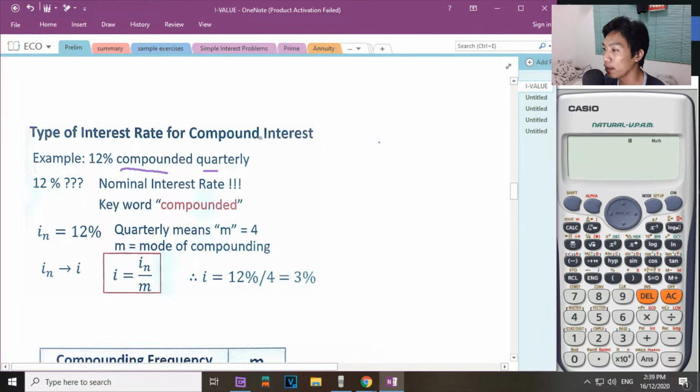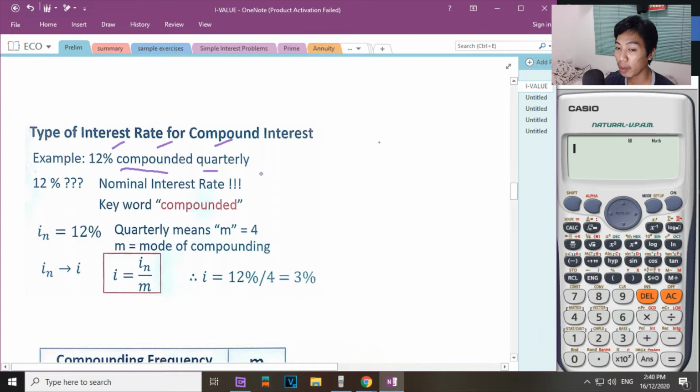So, you have to take note on the words coming after nung rate of interest mo. Sinabi niya, 12% compounded quarterly. Now, is it nominal? Is it effective? Or is it actual? Now, in 12%, that is sinabing nominal interest period, interest rate.